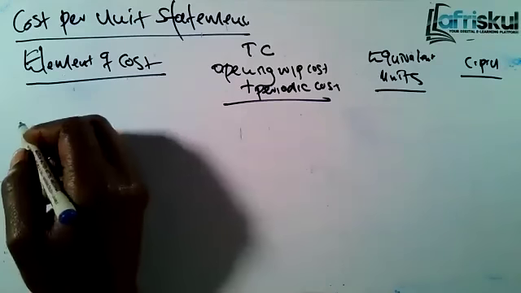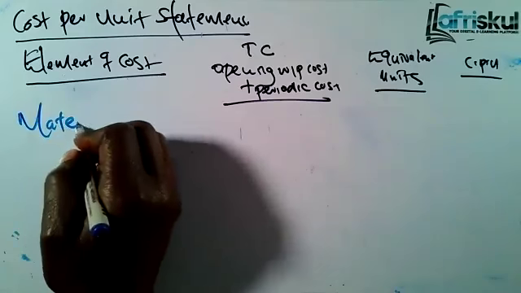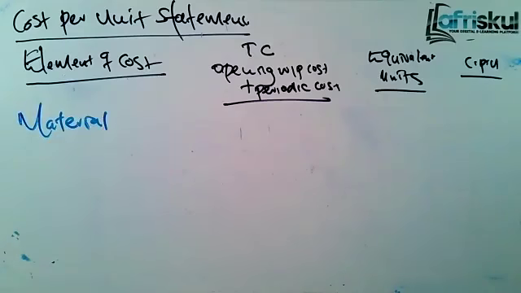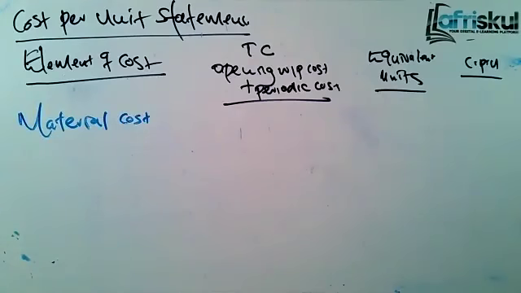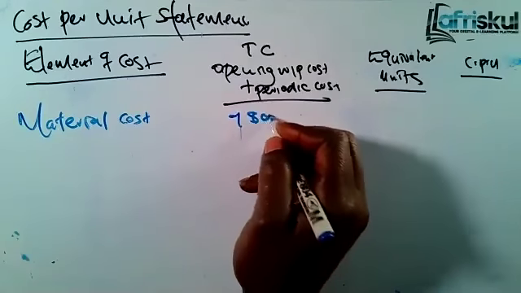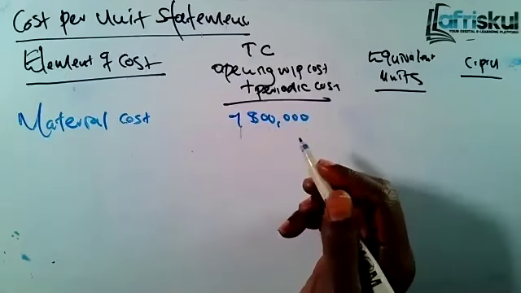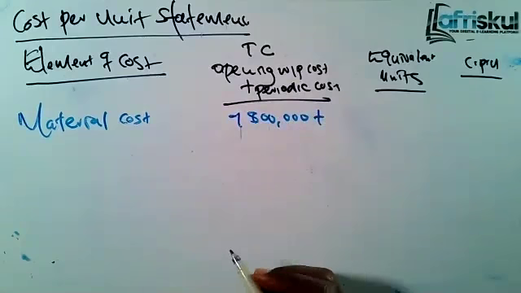So we start here with material costs. The opening WIP cost was 9,800,000, as indicated there, plus the current cost, which is 13,200,000.